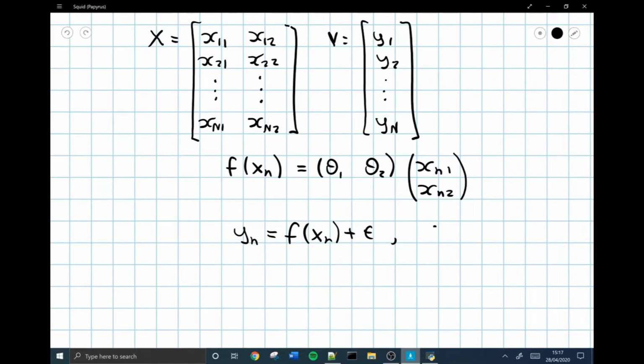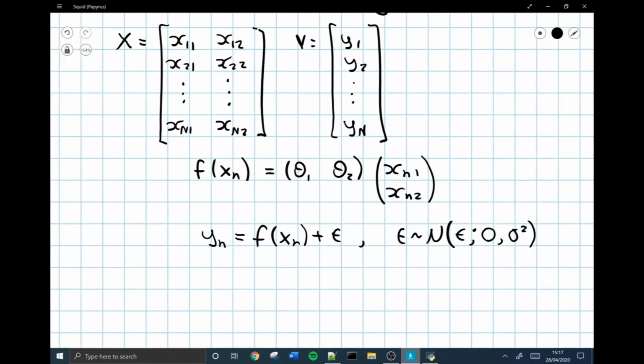And for now, we're going to assume that that noise is Gaussian, so it's being drawn from a normal distribution with zero mean and variance sigma squared. So this is the model that we're going to use, and this is what's often called a noise model. It says that there might be some uncertainty in our observations of y.